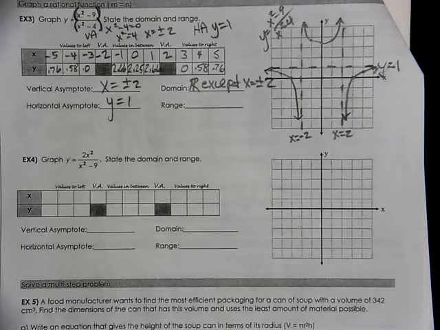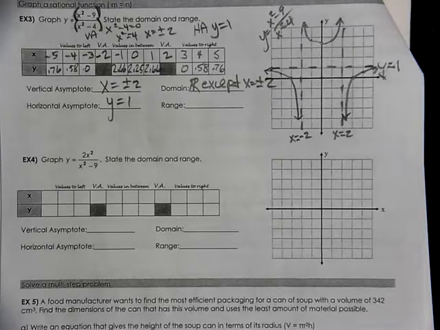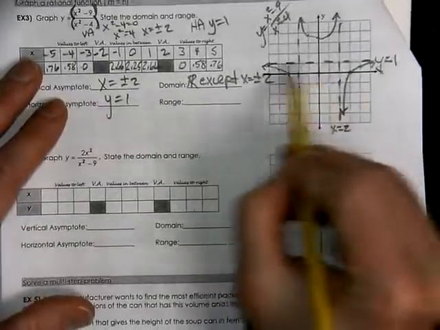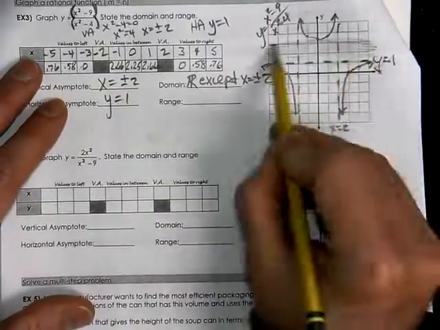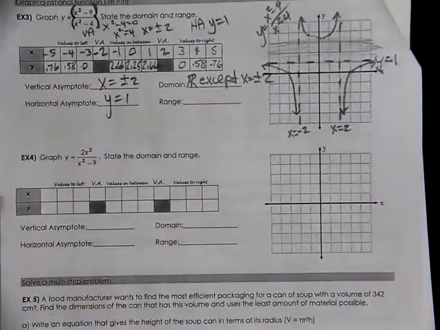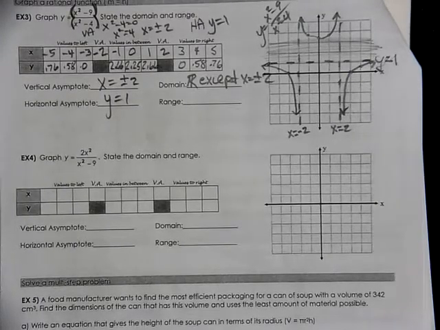You can either focus on where the graph is, or you can focus on where the graph isn't. Is it all real numbers except? And you would do your exception and you would cross out this portion of the graph where it's not. Or you can talk about where the graph is. It's kind of up to you.